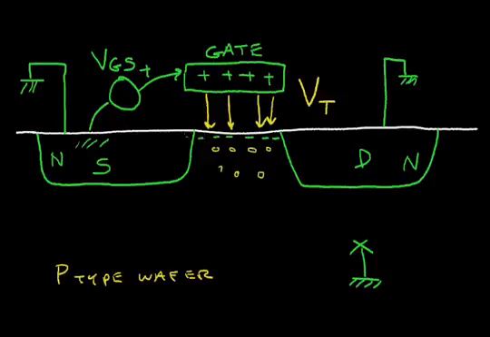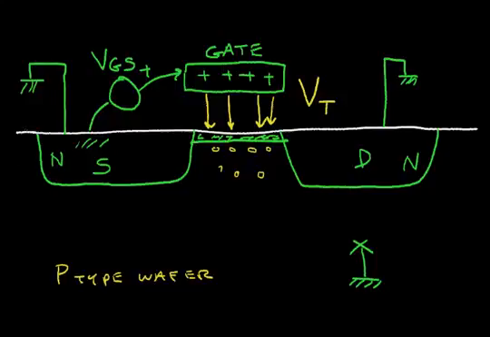And when that happens, we have like a bar of silicon. Let me change colors for that bar. Let me make that a green so we know that this bar of silicon is an N-type region.